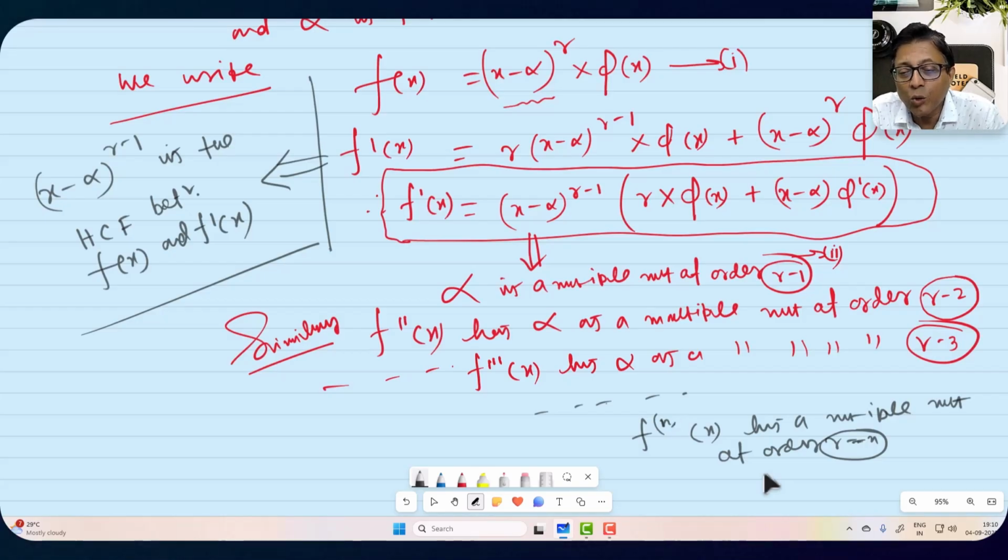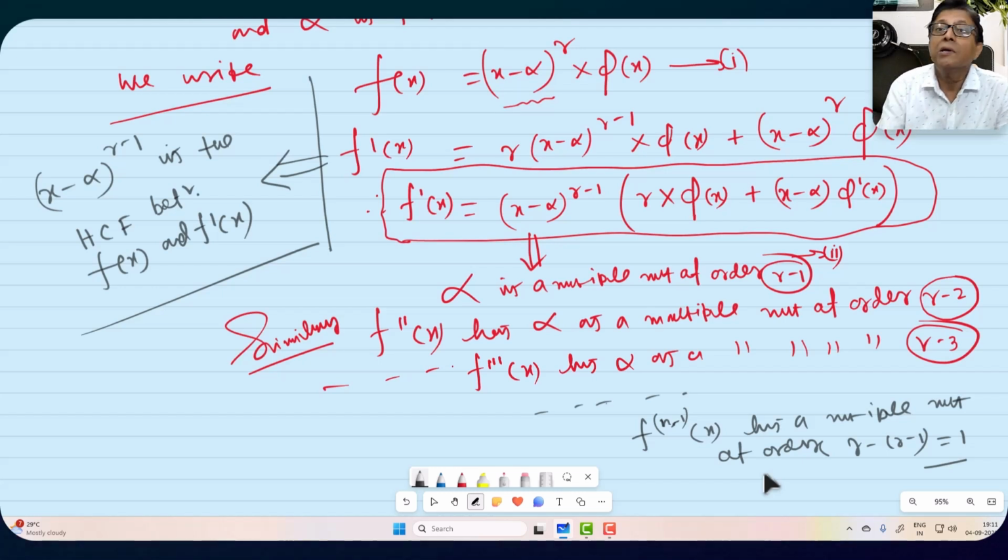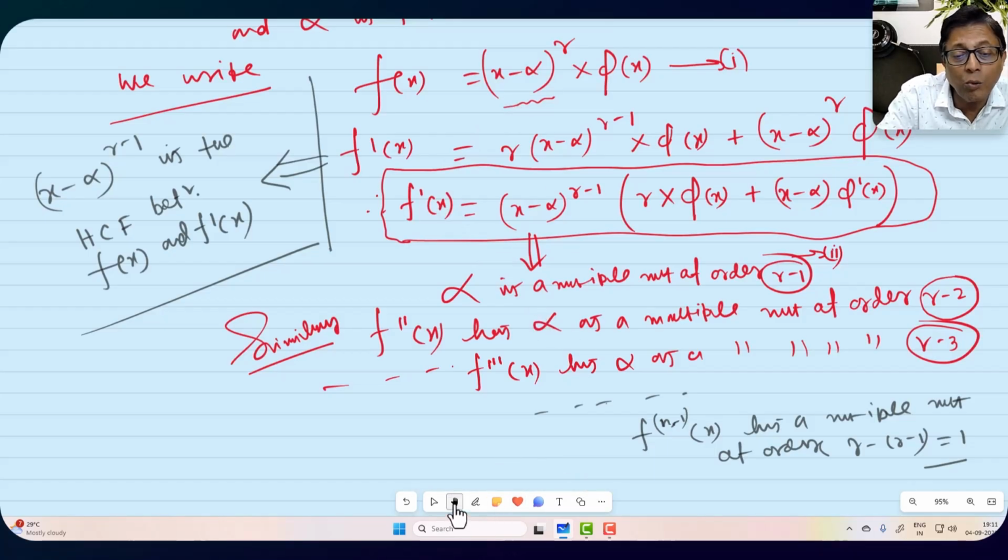If you go by n minus 1, then it has a multiple root of order r minus (r minus 1), that is 1. So in f n minus 1 x, it will be occurring once, if the multiple root is of order r of the given equation.